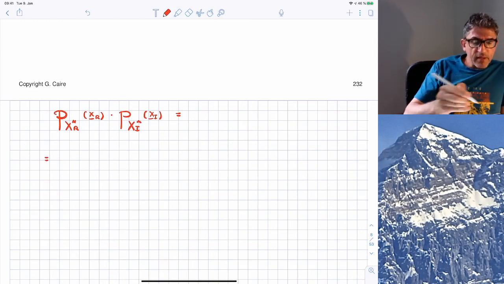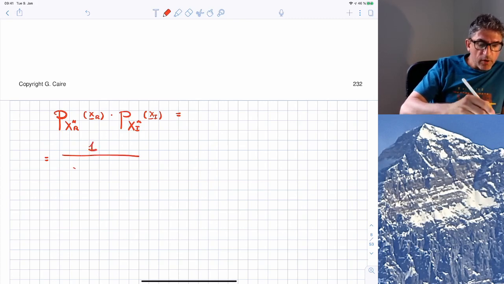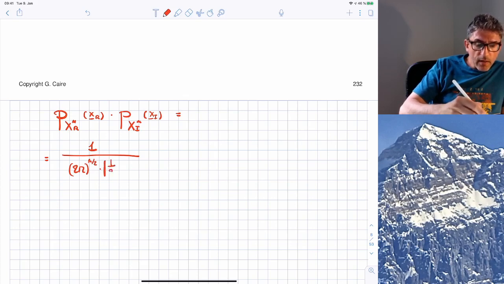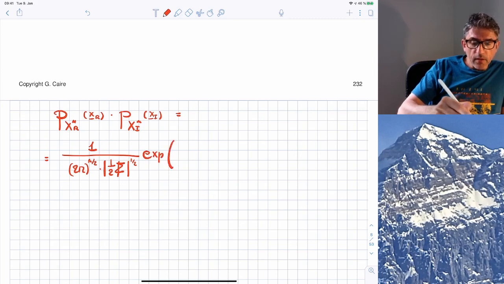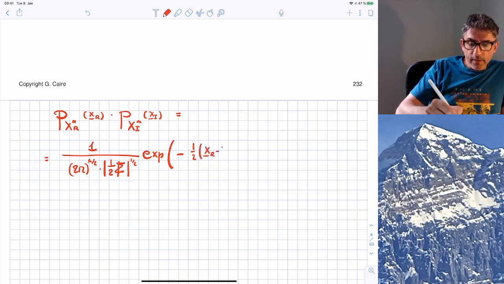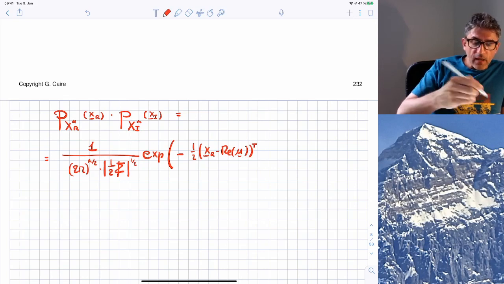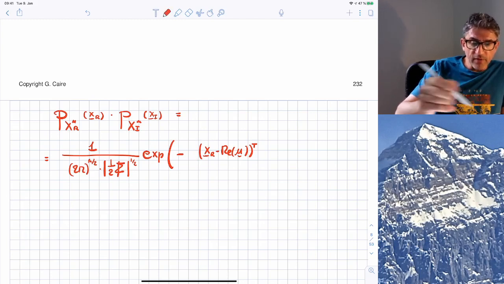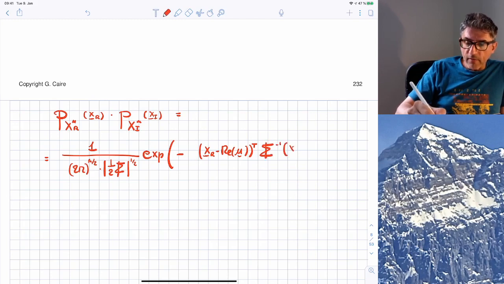And so we use the formula we have seen before. In this case, we have 1 over (2 pi)^(n/2) times the determinant of 1/2 sigma to the 1/2, and then the exponential of minus 1/2 times xr minus the real part of the mean, and then, when I take the inverse of 1/2 sigma, I get 2 sigma to the -1, so the 2 and the 1/2 simplify and this 1/2 disappears, so I have sigma to the -1, and then xr minus the real part of mu.